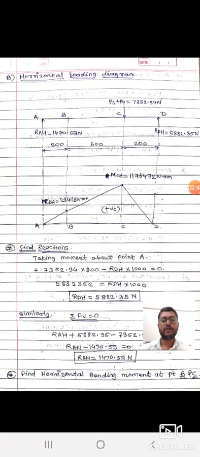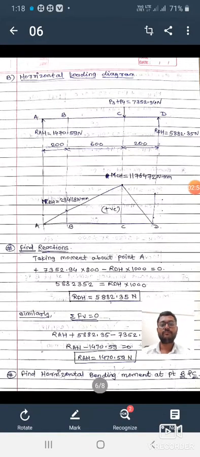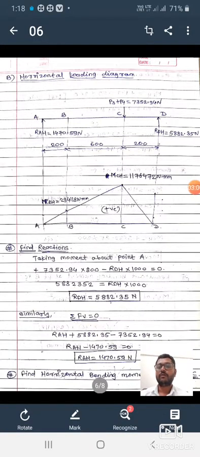The next step is to find the reaction at point A. How to find the reaction at point A? Here we have to take the summation of all vertical forces equal to 0. The vertical forces are RAH plus, that is vertically upward, that's why it is plus, 5882.35 minus 7352.94, equal to 0.